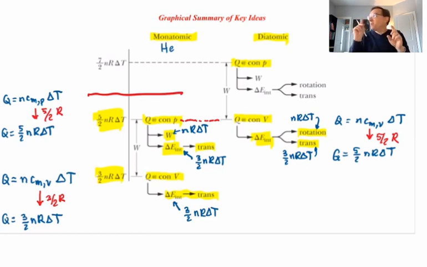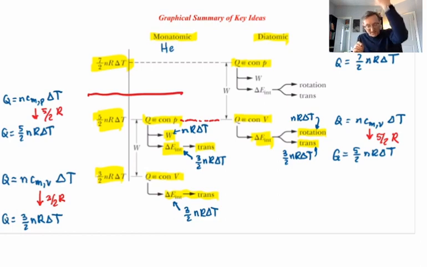So 5/2 plus 1, all times R, which is 7/2 R. So the Q formula is 7/2 nR delta T. And that's higher up, right here. Think of this going up as like an energy axis. Going up is higher energy.